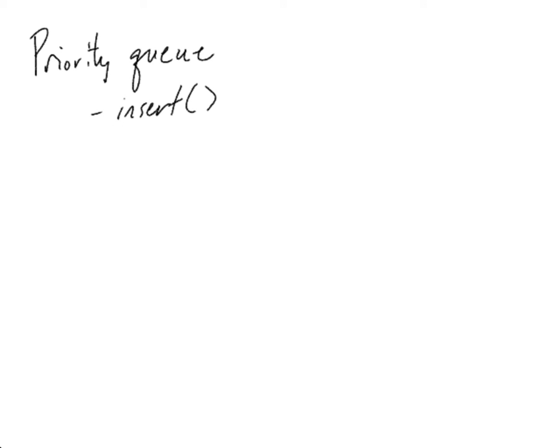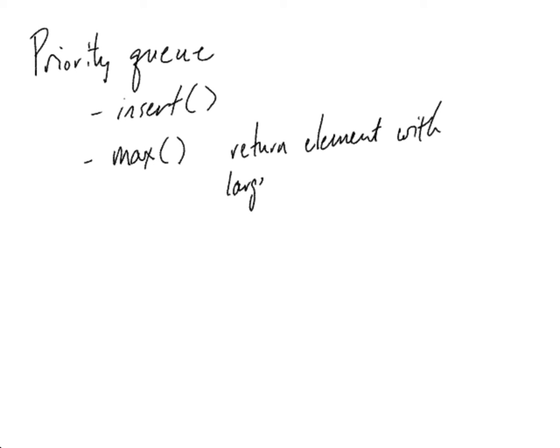Now, a priority queue is a data structure, and it has the following operations. It has insert, right? So someone arrives at the emergency room, they get added to the queue. It has a max operation, and that's going to return the element with the largest priority, or the maximum priority.